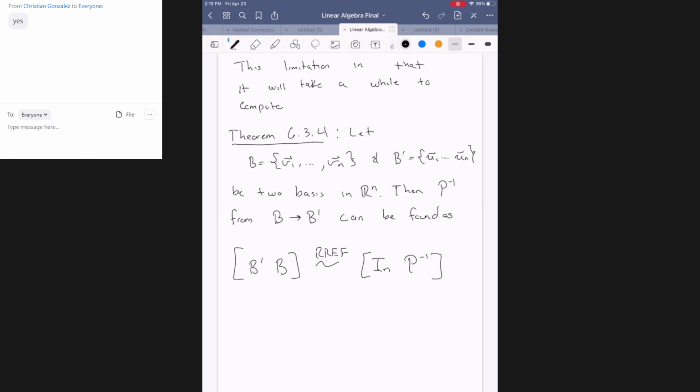So let's use this in practice now, because now you can see that this is just done in one augmented matrix as opposed to like 5 if you were to have 5 basis elements.